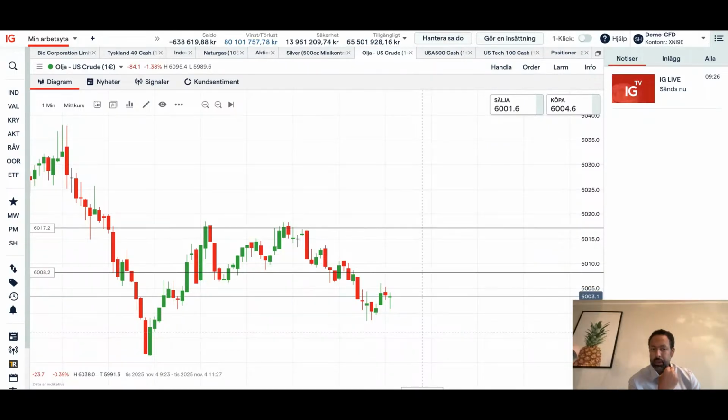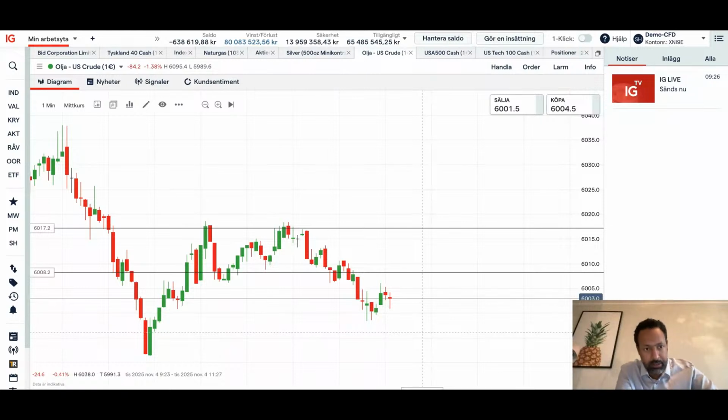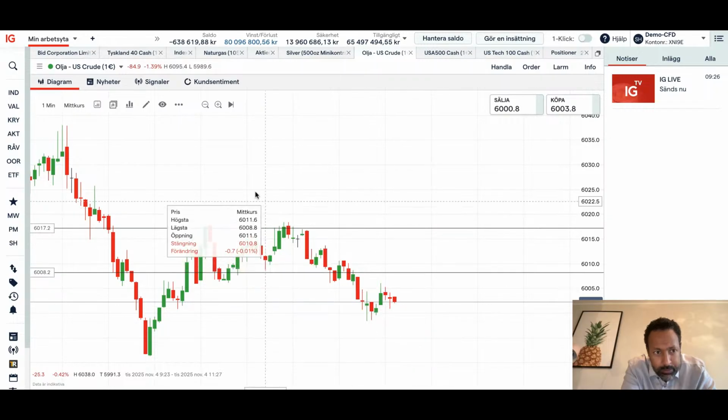Maybe it comes back up to the line first. Let's try a short. Let's see if it breaks down, and get that money back that we gave back to the markets in the previous trade. So we got that back.